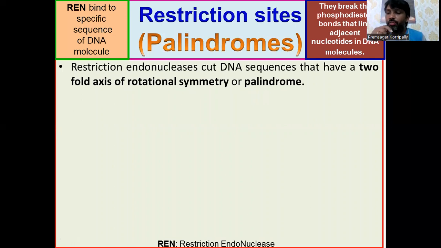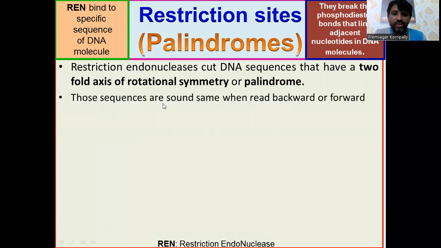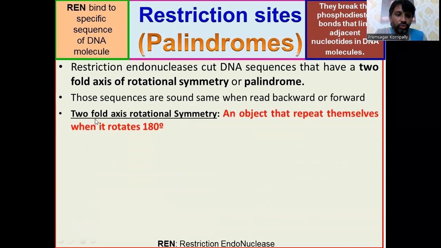As I told you, palindrome means when you read them backward or forward, they sound the same, right? Restriction site sequences sound the same when you read backward or forward. And what is twofold axis rotational symmetry? When an object rotates some degrees, it resembles the same.